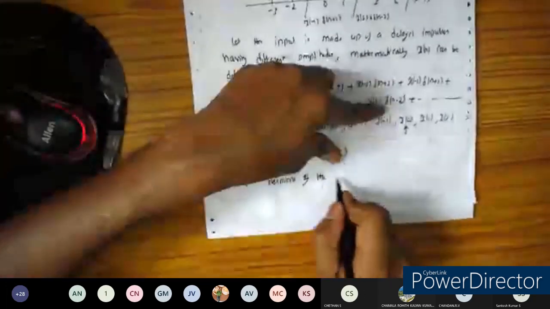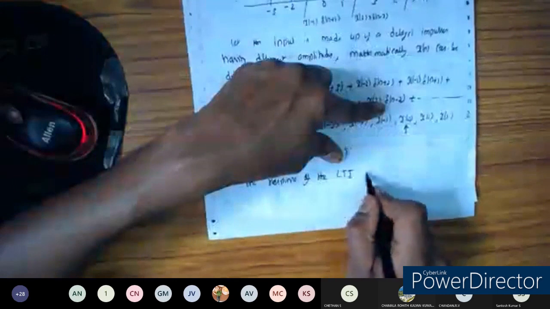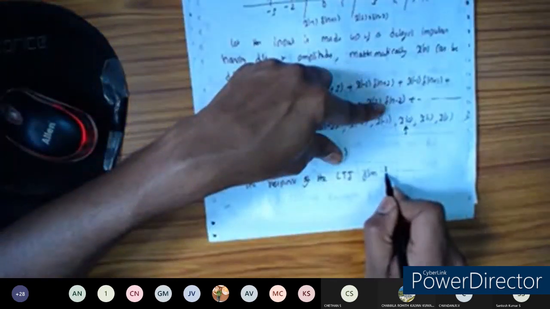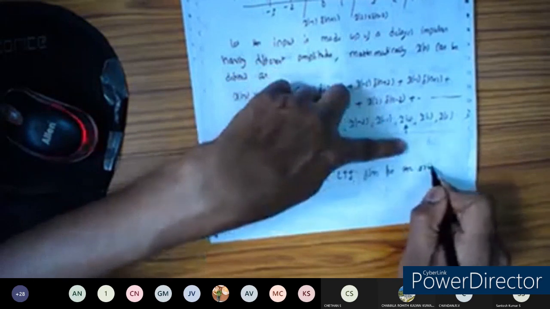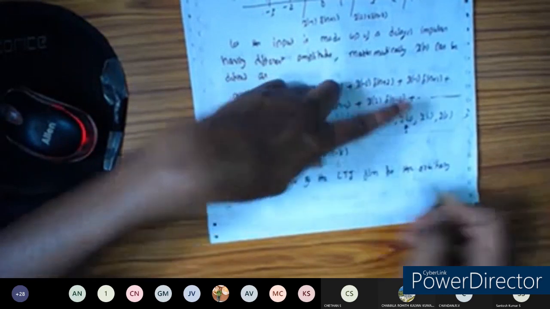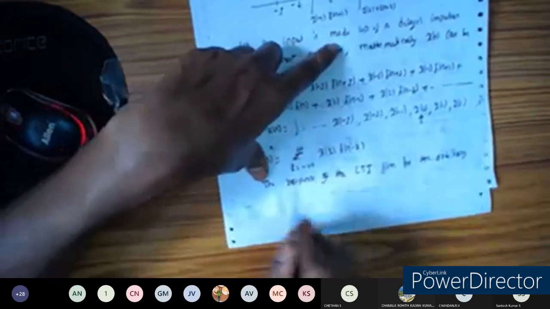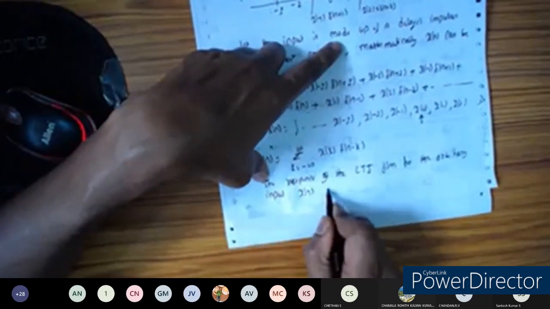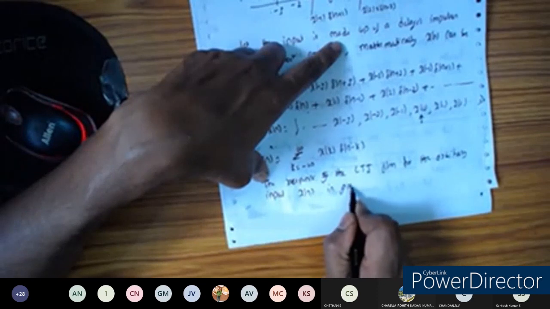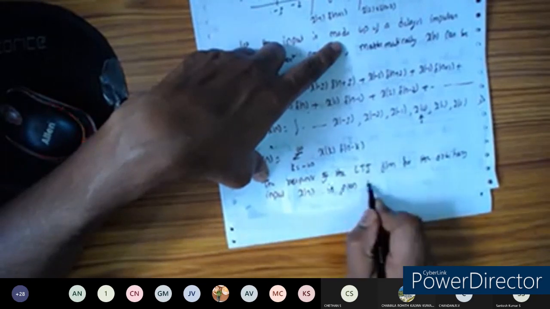The response of the LTI system for the arbitrary input x of n is given by, so the output is nothing but y of n.